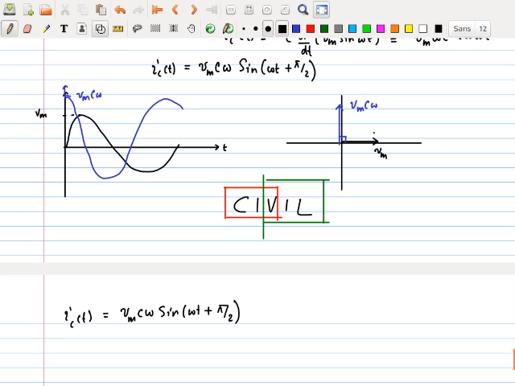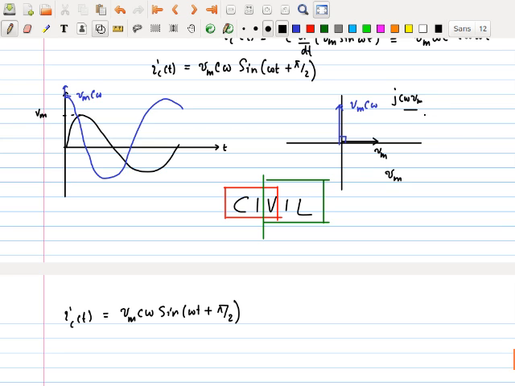Now, if I put this particular phasor in complex form, you realize this part of it would be Vm. If I want to represent that in the complex form, that would be J times C omega Vm, because that amplitude is in the J omega axis, right? That's why the J part comes in.